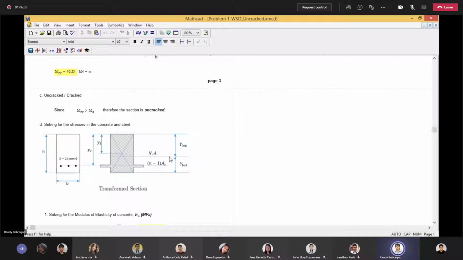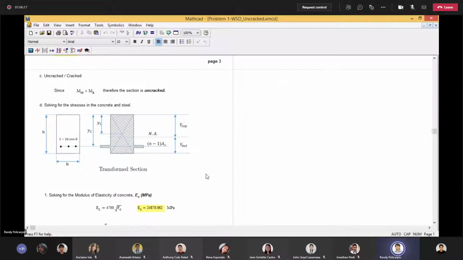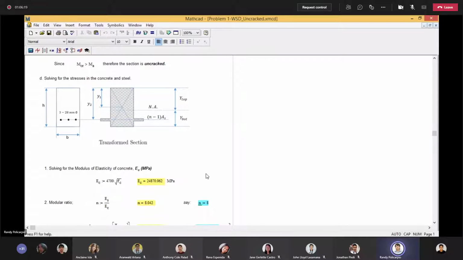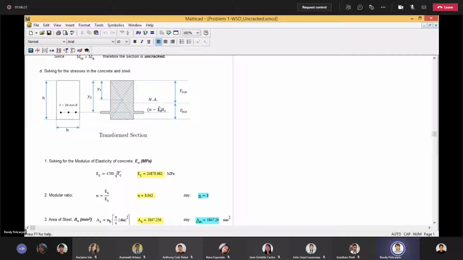We're going to designate the distance of the neutral axis up to the top as y top, and from the neutral axis up to the base or up to the bottom of the section as y bottom. Okay, so the determination of the location of the neutral axis, yan ang una nating gagawin, para makuha natin yung stresses.